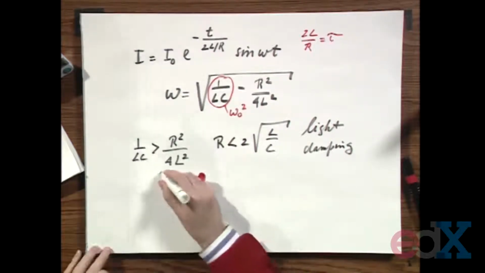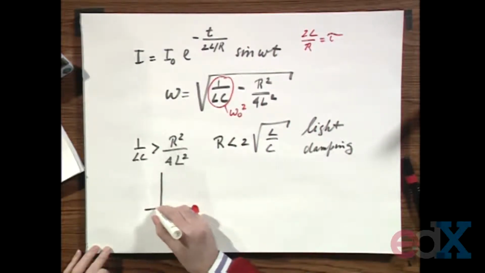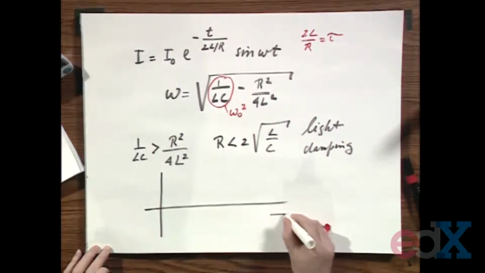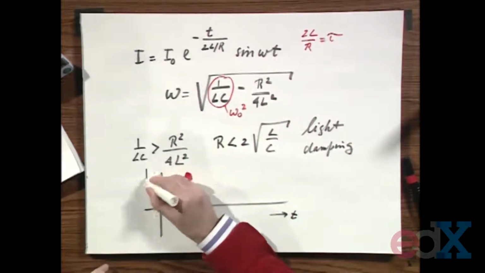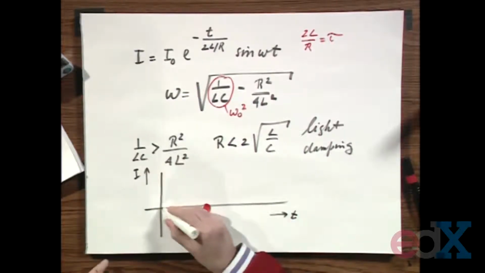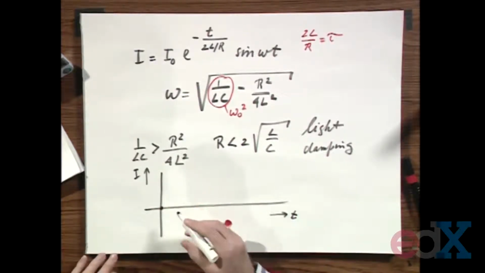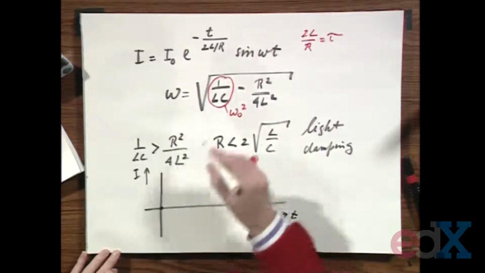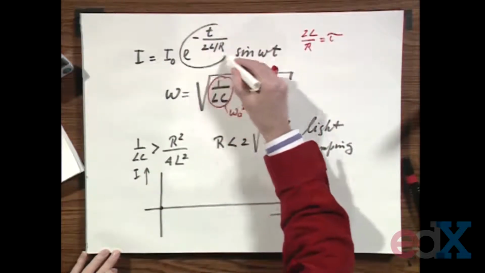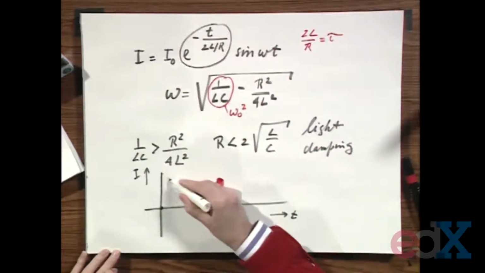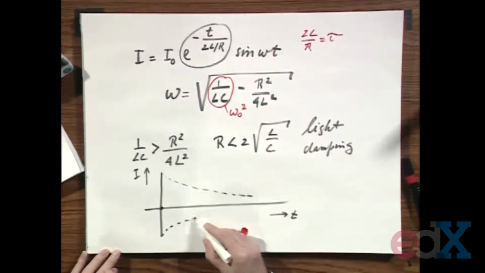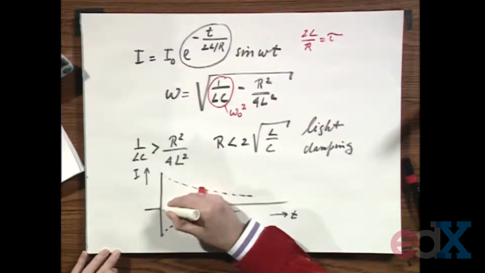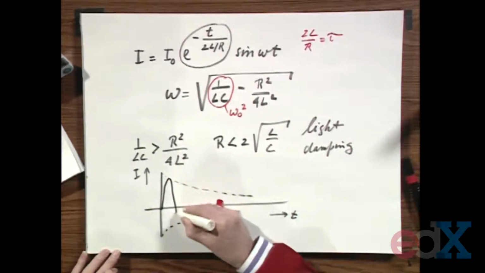What now will the current look like as a function of time? Well, here is I. We started at I equals 0, that was the initial condition. And this exponential decay is like an envelope that pinches the current off. It will make the current die down.